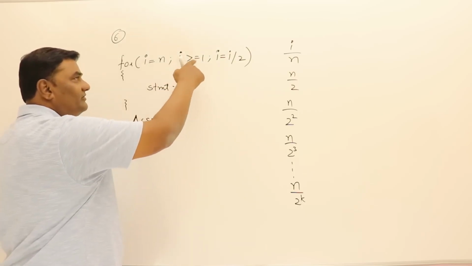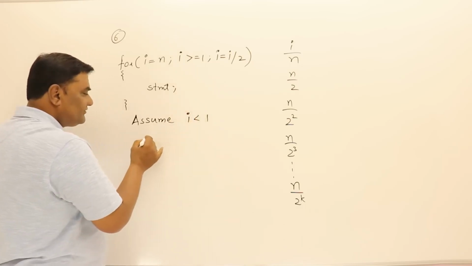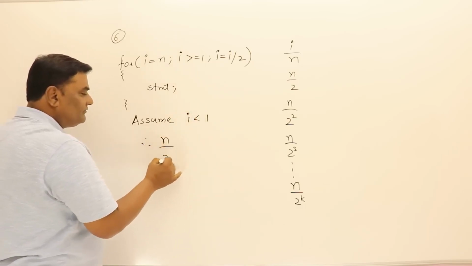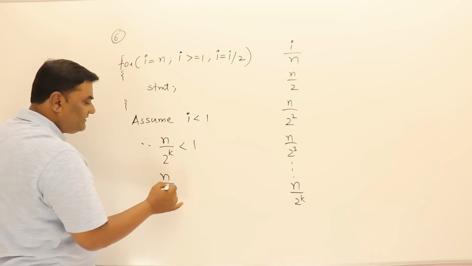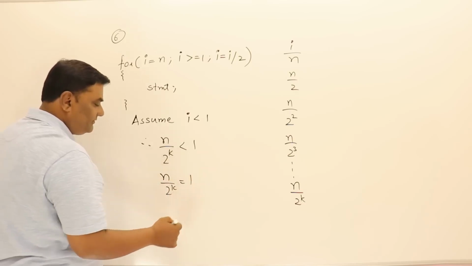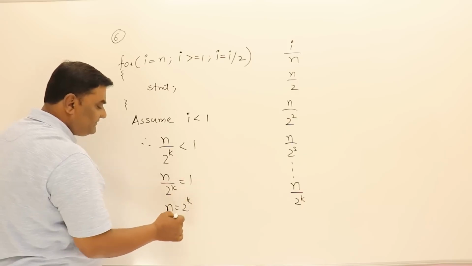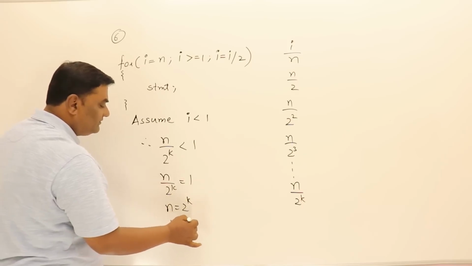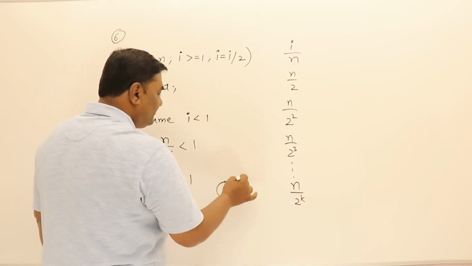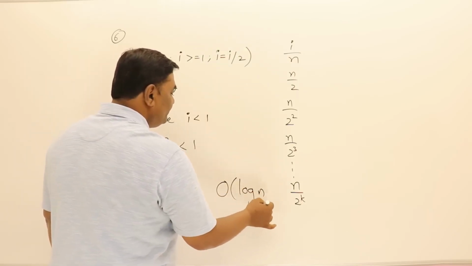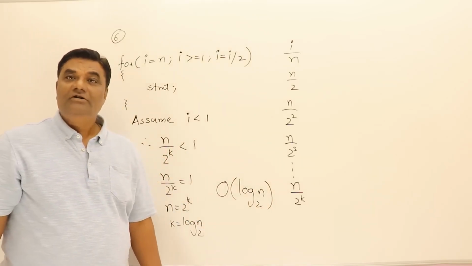It will continue as long as it's greater than or equal to 1. So assume I has become less than 1. Therefore, what is the I value? n by 2 power k is less than 1. If I equate it, then it's going to be 1, and n is equal to 2 power k. So k is how much? Log n base 2. So the time for this one is order of log n base 2. So the time complexity of this piece of code is also log n base 2.